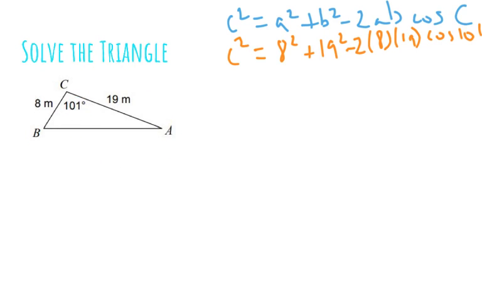So I need to make sure that my calculator is in degree mode, or of course I'm going to get the wrong answer. So I'm going to grab my trusty calculator and put in 8 squared plus 19 squared. You should be doing this on your calculator as well to make sure we're all coming up with the same answers.